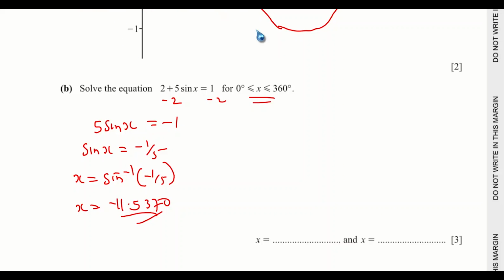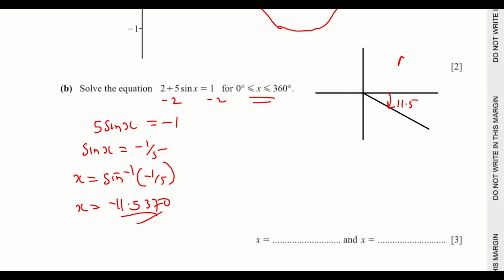Let's draw the four quadrants. We have the negative angle like this here, so it's moving in this direction. Normally it should be like this. Since it is negative, -11.5 will be here.